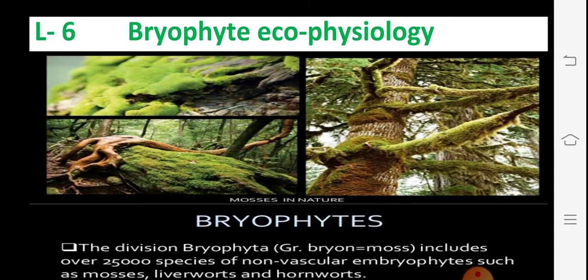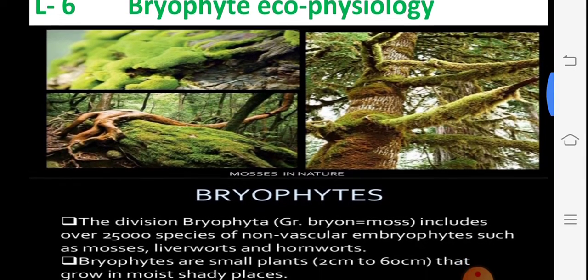So you are observing here some mosses, or maybe some liverworts. They are found on the bark of tree trunks or the branches. So how the physiological changes take place: physiology is related with photosynthesis, then there is reproduction, and there is the formation again, spore germination, or completion of the life cycle.